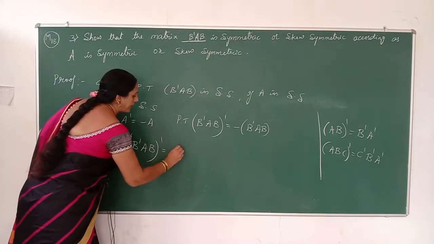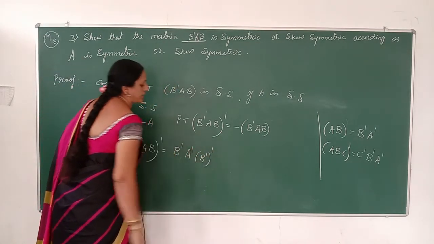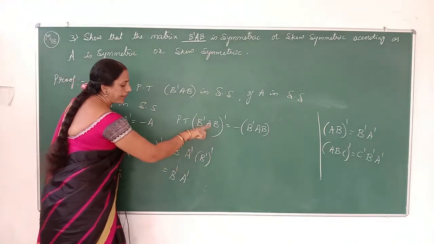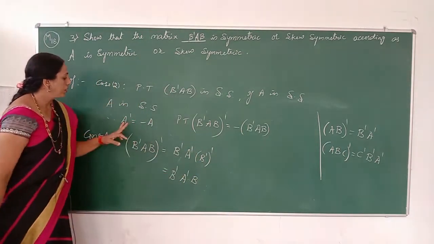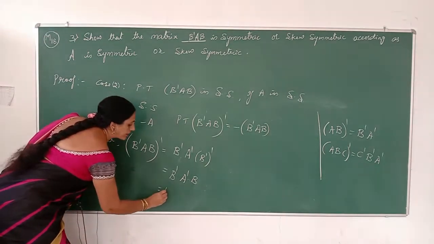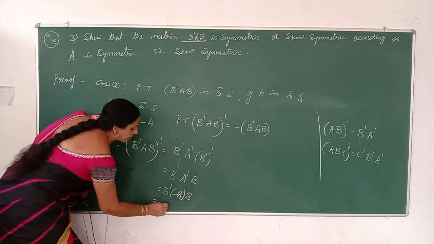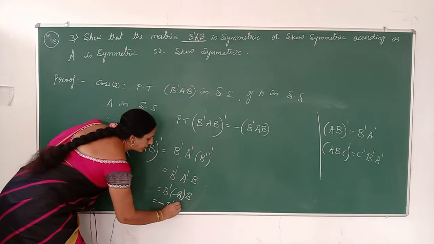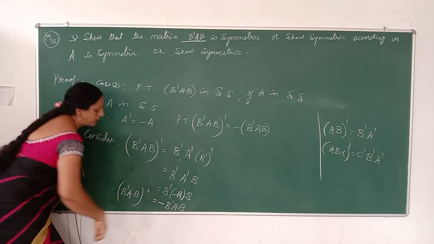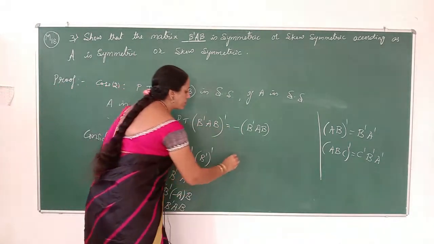By using that property, it can be written as B dash into A dash into B dash whole dash, which is nothing but B. By the definition of skew symmetric matrix, A dash is minus A, so we substitute: B dash, A dash is minus A into B. Therefore, B dash AB whole dash is equal to minus of B dash into A into B. That is the definition of skew symmetric matrix.